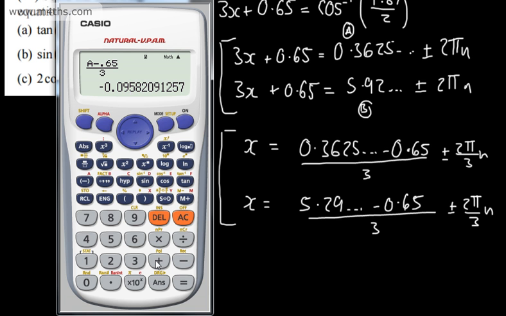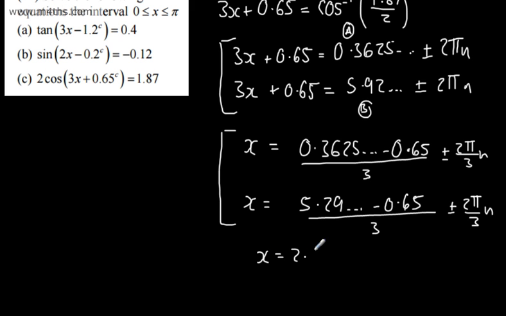So if I now add on 2 shift pi by 3, we're going to get 1.998, so what's that going to round to? 2.00. If I do that to 3 significant figures, that's going to be 2.00, isn't it? So x is going to be equal to 2.00 radians.